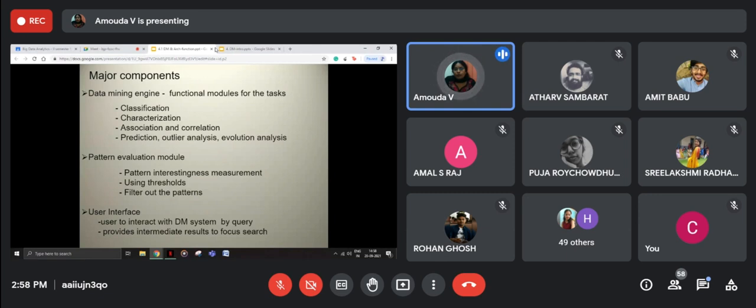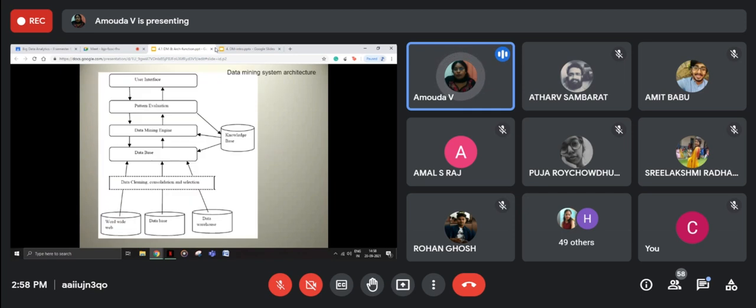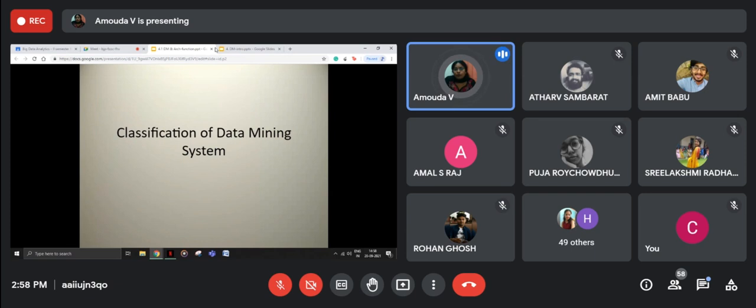That's why we have the interface module, which handles the interaction between the data mining system and the user query, and provides intermediate results to focus the search.